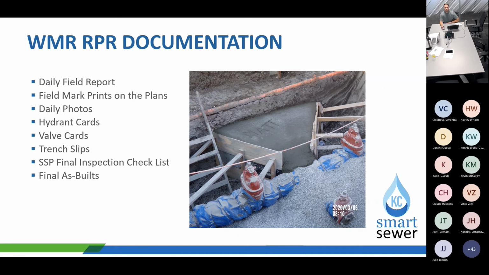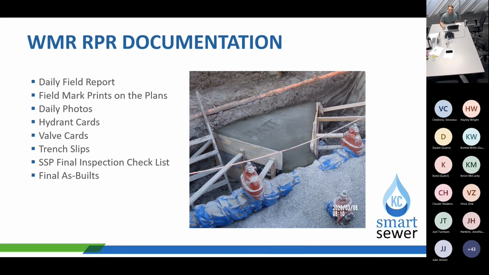What you'll see in this, the restraining in the back that's labeled mat, that would be a kicker or a thrust block. That's done on all of the tie-ins, and this is actually a photo of a tie-in. My guess is probably streetcar. But that is where this one is.